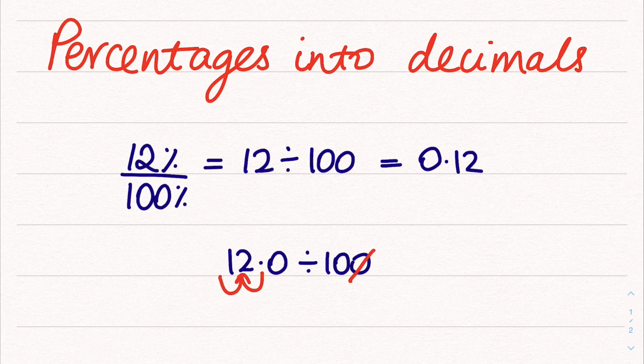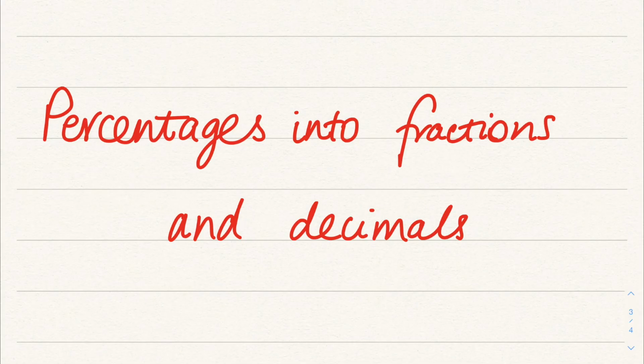That gives us our percentage as a decimal in really quick and easy terms without having to go to our CAS. So we can get 0.12 simply by moving that decimal place back twice. And that is how we convert our percentages into fractions and decimals.